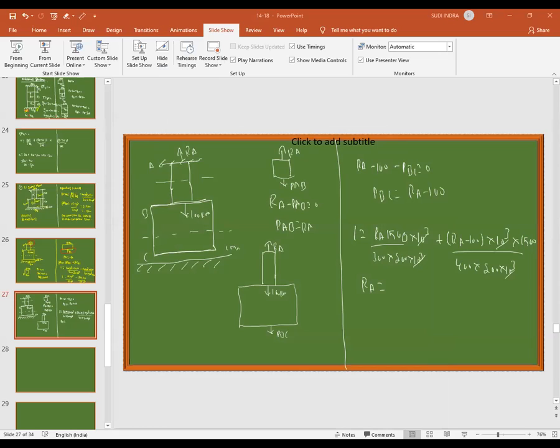I got minus 30, sir. Minus 34.286. RA is 65.714. Why? It has to be 65.714 kilonewton. There's nothing wrong here. The first one we did blindly, that was an error. But here we should get 65.714. Check it out. Sir, 65.71. Yes, that's the right answer. 65.714.